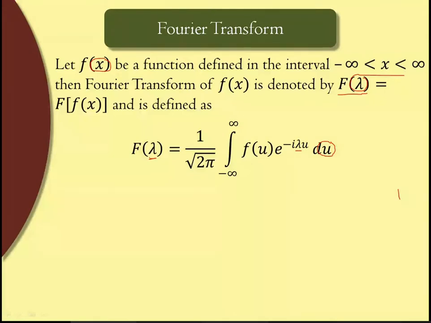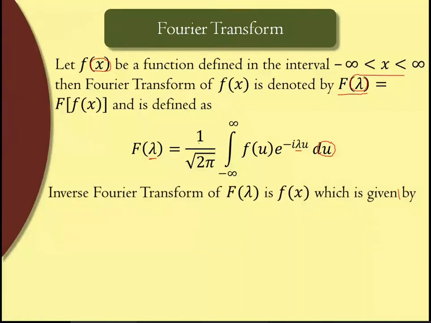If, by converting this function of x into a function of lambda, you want to convert this function of lambda back to a function of x, then how to do that? We can do that by using the inverse Fourier transform. The inverse Fourier transform of f of lambda is nothing but the original function f of x, and it is given by f of x is equal to 1 upon square root of 2 pi, integral from minus infinity to infinity of f of lambda e raised to i lambda x d lambda.